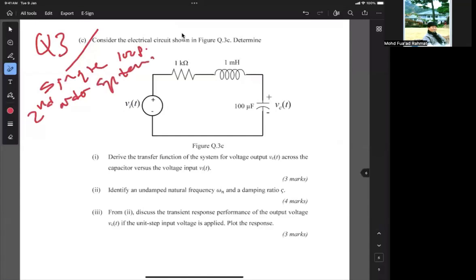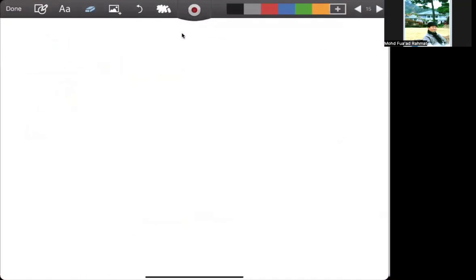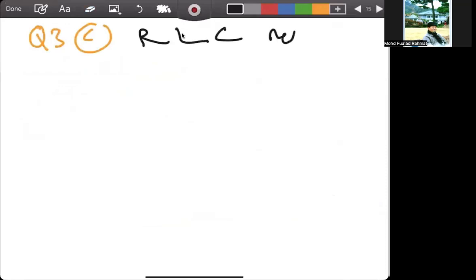Only a single current flows inside the loop. So let's go on to how to solve this RLC circuit.